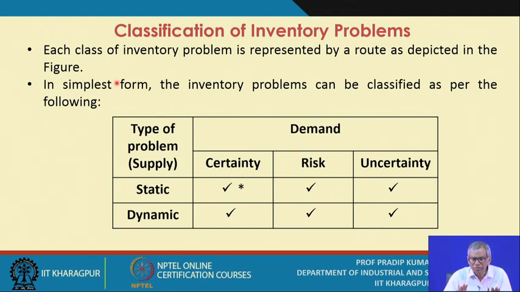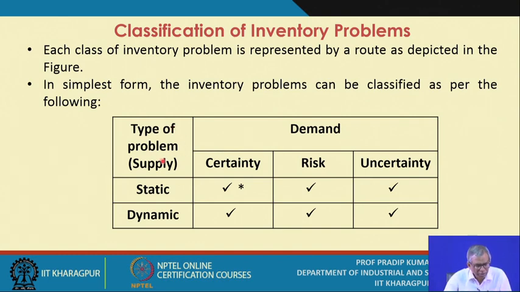The inventory problems can be classified as per the following. First, the type of problem. Forget about the lead time. Lead time also needs to be considered, but here I have considered only two factors, and these two factors are at the heart of the problem.